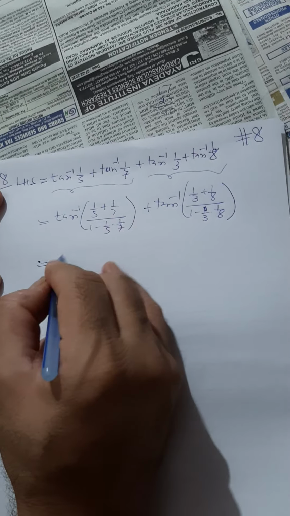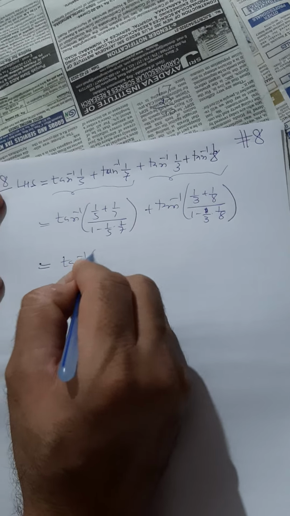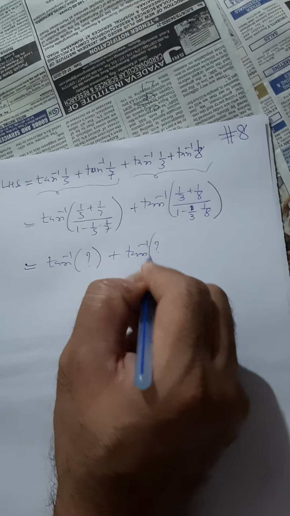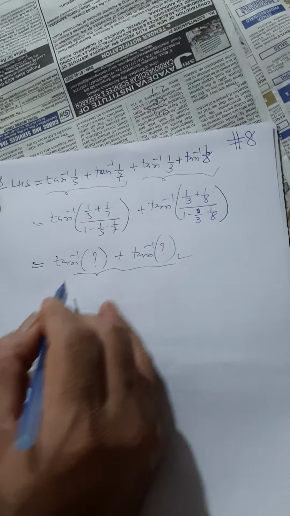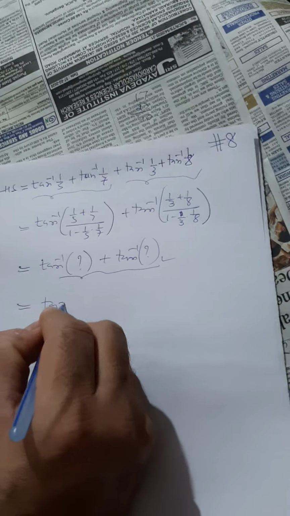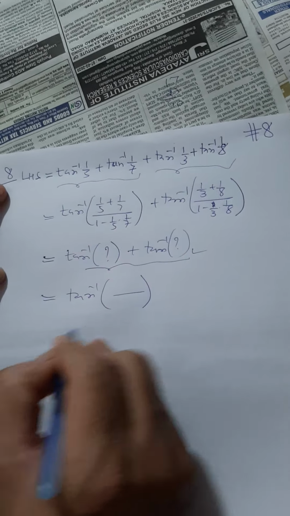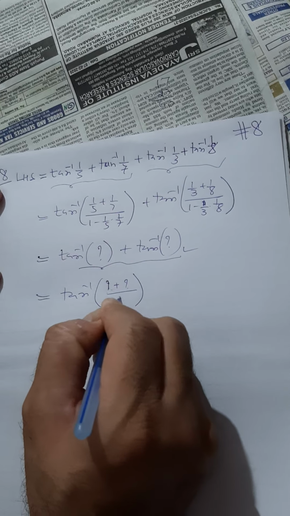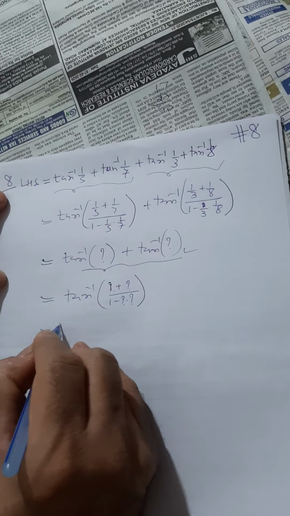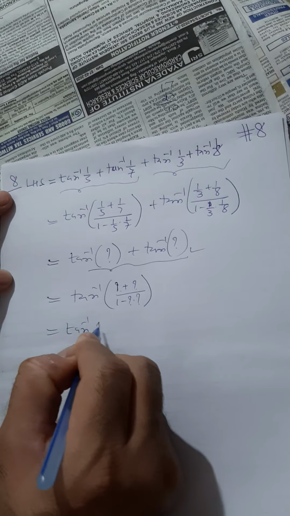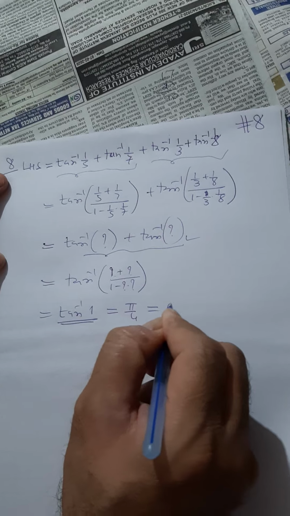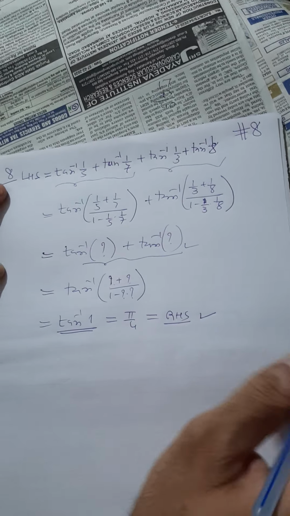Now you simplify this, and you will get tan inverse of one expression plus tan inverse of another expression. Again you use tan inverse x plus tan inverse y: this plus this upon 1 minus this into this. At the end you will get tan inverse 1, and tan inverse 1 is just pi by 4. That is your RHS.